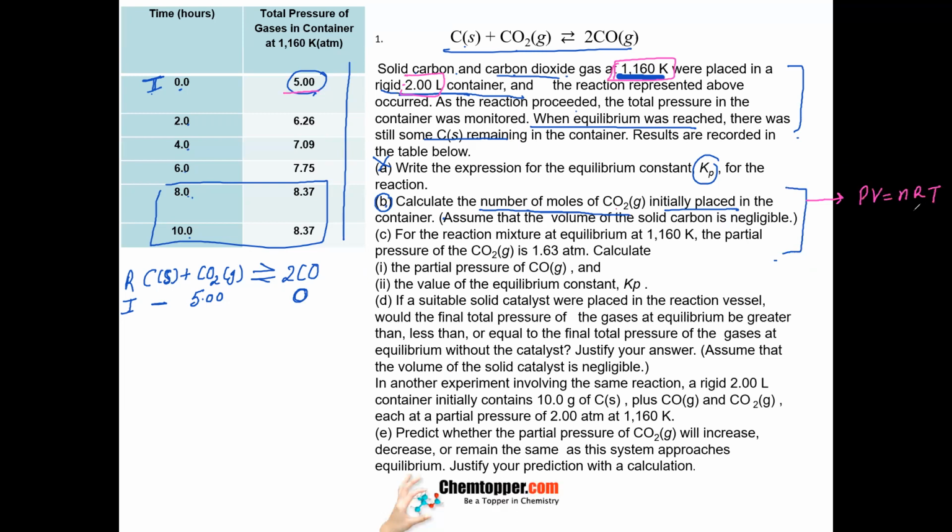What do you want to calculate? n, the number of moles of CO2, which is equal to PV over RT. What is P? What is the pressure of CO2? 5. If you make an error here, if you are unable to work out that initially, when the time is 0, there was only CO2, and if you are unable to identify that this is the pressure of CO2 initially, you won't be able to do this question.